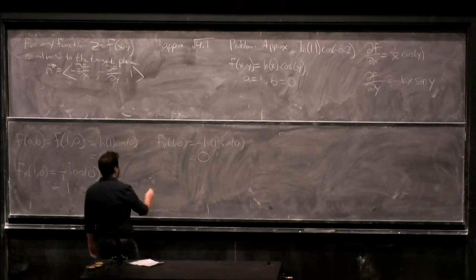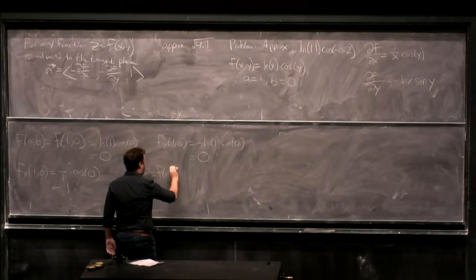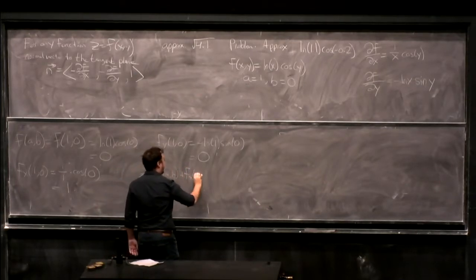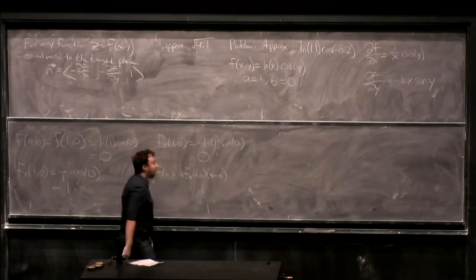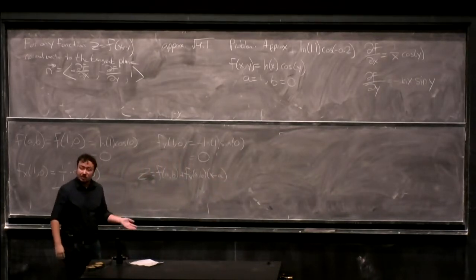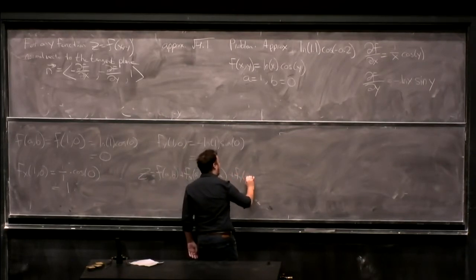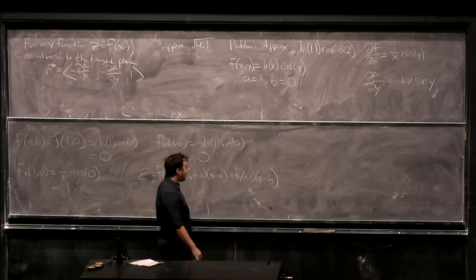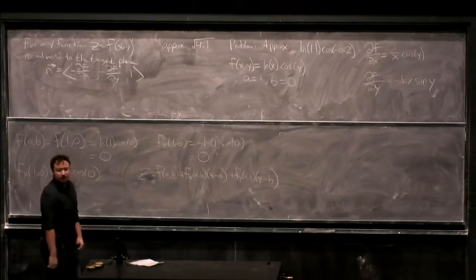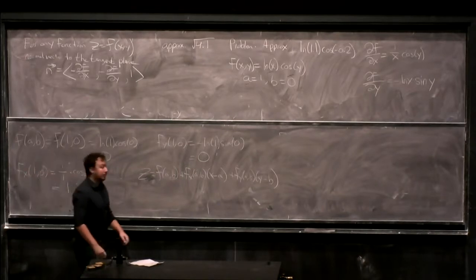So our tangent plane is z equals f of (a, b) plus fx at the point (a, b) times x minus a. And then we have the same thing for the y, plus fy of (a, b) times y minus b. Like I said, we have all the ingredients we need to fill in that formula.